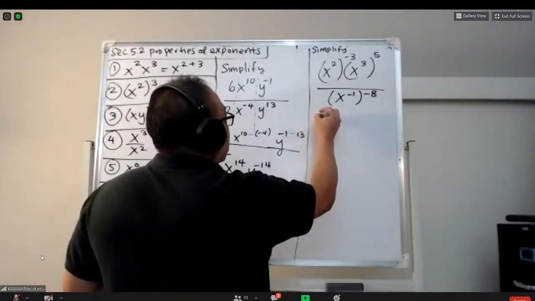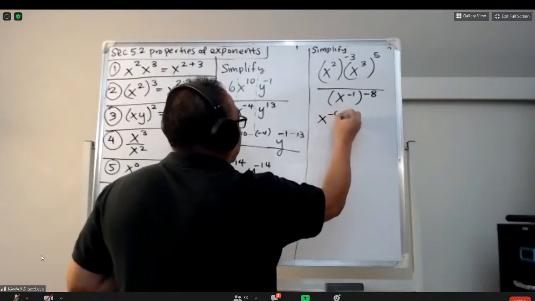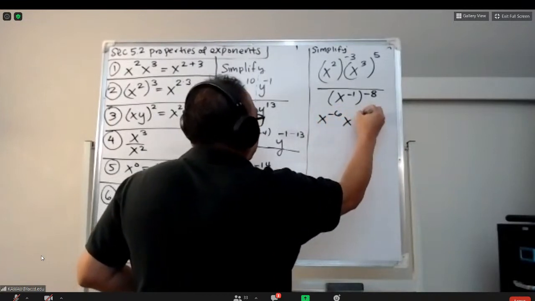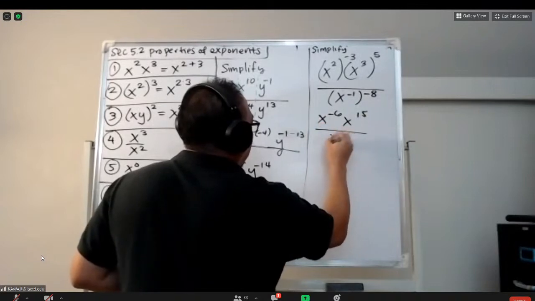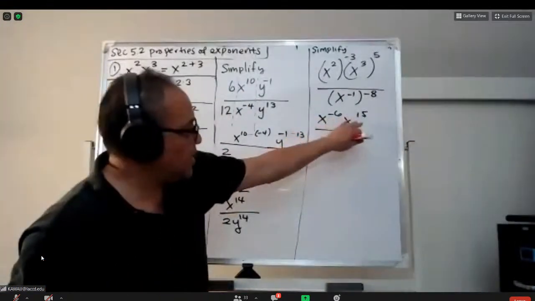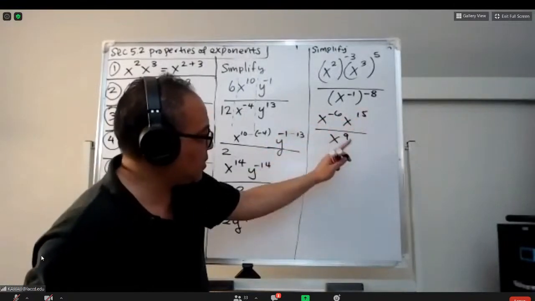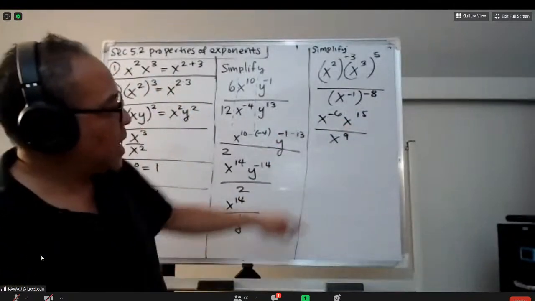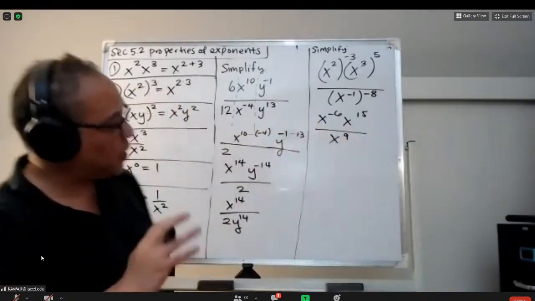So I get x to the negative 6, x to the 15 over x to the 9. Now you can either add these or subtract these. Doesn't matter. I would probably add them first, but either way works.